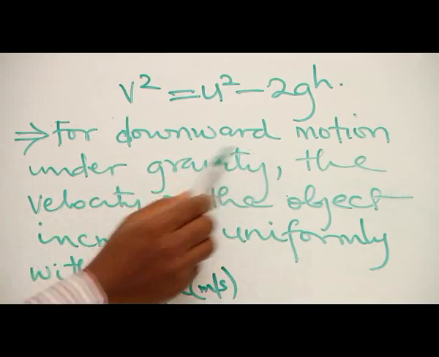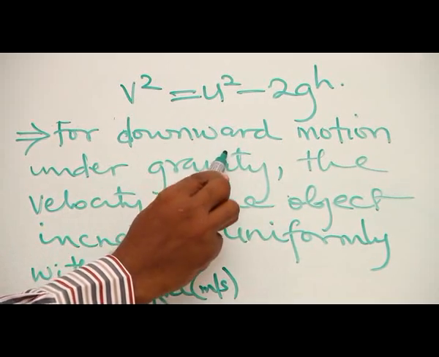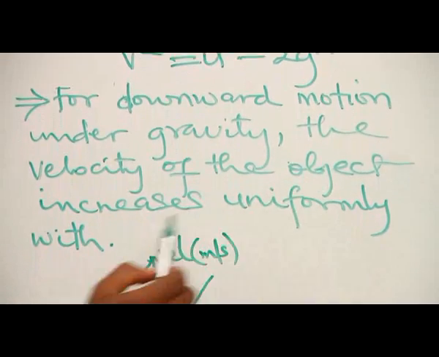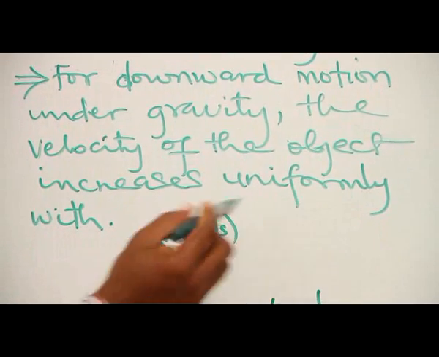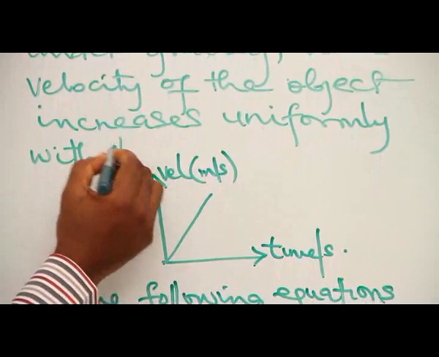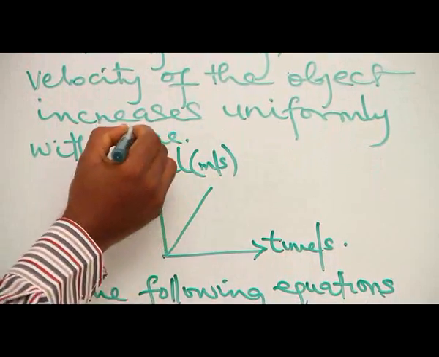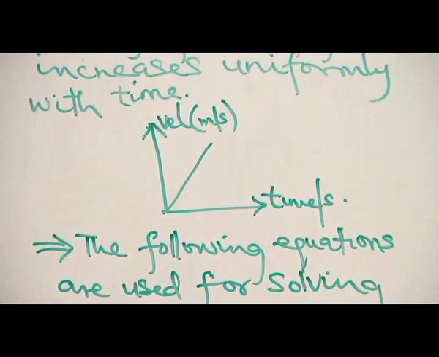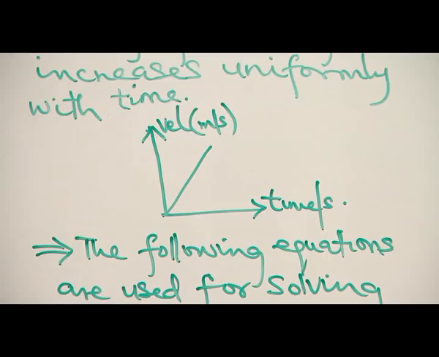For downward motion under gravity, the velocity of the object increases uniformly with time. The graph is shown, graph of velocity against time.